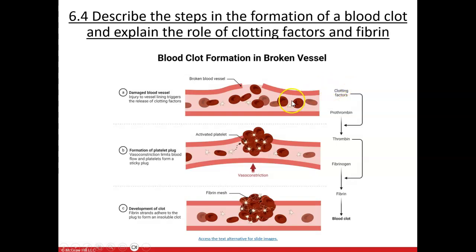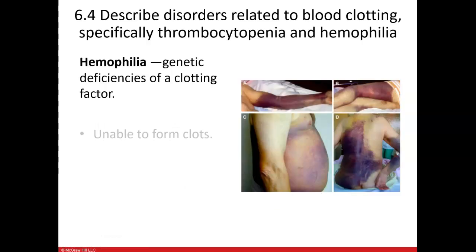So even though their blood system's getting an alert that there's a break in a blood vessel, they can't activate and make those fibrin threads. Somebody with hemophilia doesn't have a particular clotting factor, and they can't make this clot that plugs up a blood vessel.